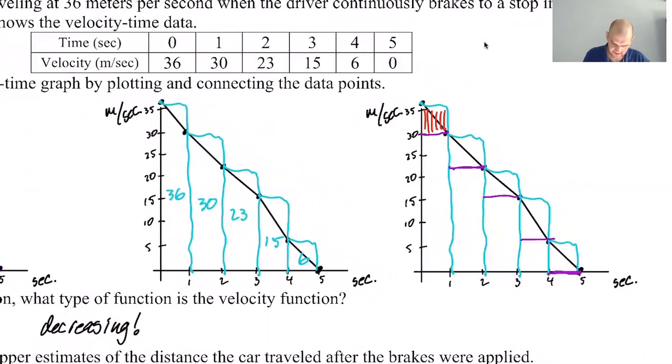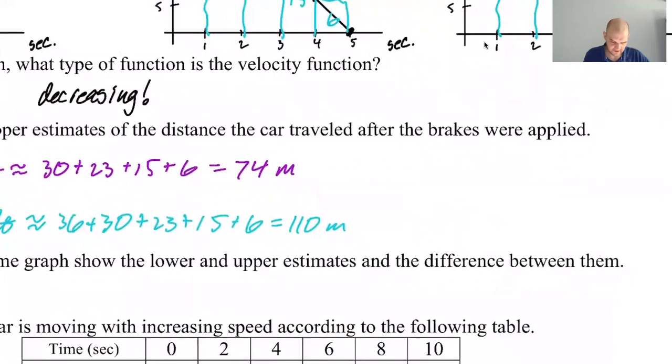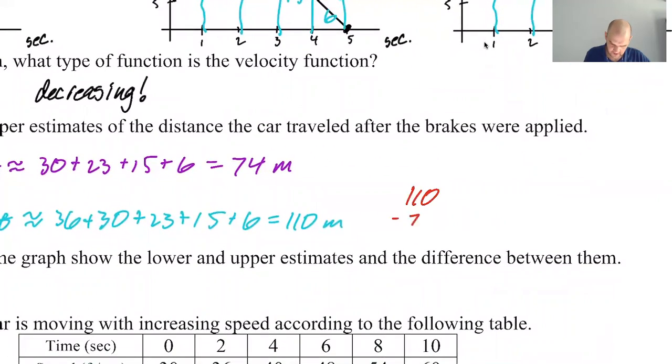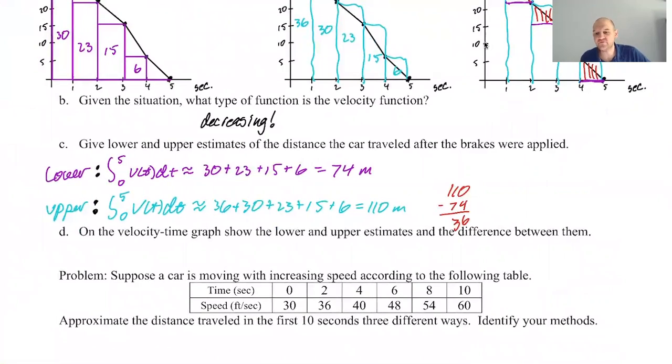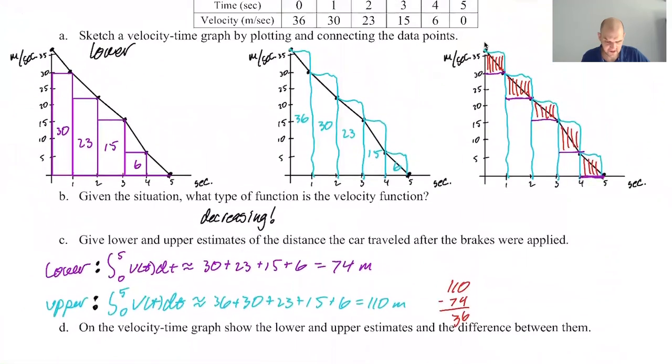These two rectangles have that difference, and then this difference, and this difference, this difference, and that difference. So what do those add up to? They go from 0 to 36, so it should be 36. If I look here, 110 minus 74, 10, 6, and 36, the difference is 36. Isn't that crazy? I don't know if that's crazy or not.